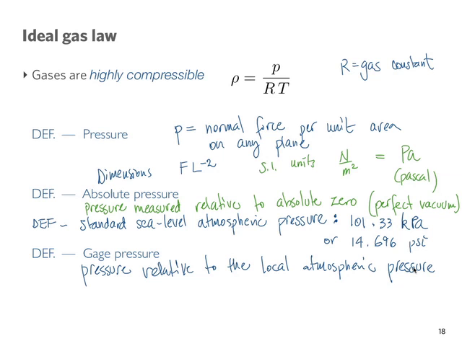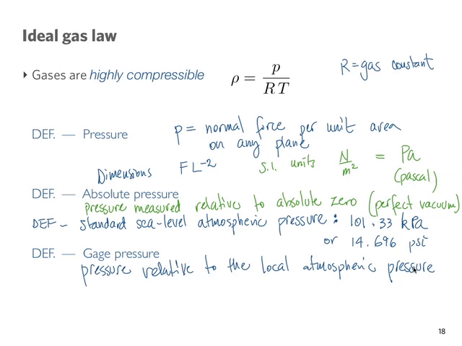In a problem, it might not say whether it's gauge or absolute, and you might have to realize from the context which one it really is, relative to atmospheric pressure or absolute. Something to look out for to not make mistakes. And the reason we use gauge pressure, and the word gauge should be a hint, is because the ways that we measure pressure many times have to do with, for example, a device that is connected to a tank which has a gas inside.